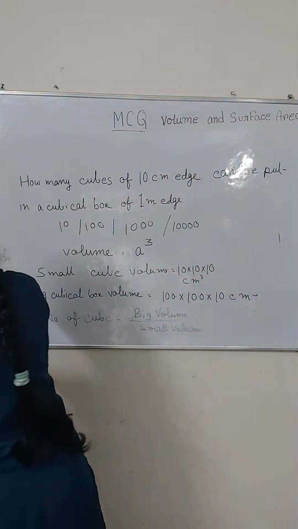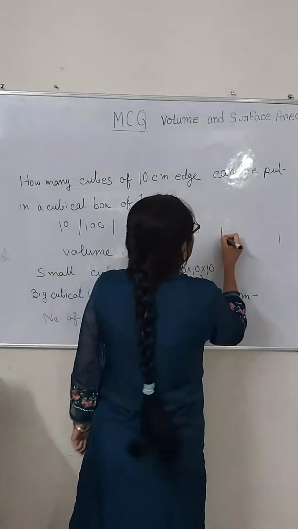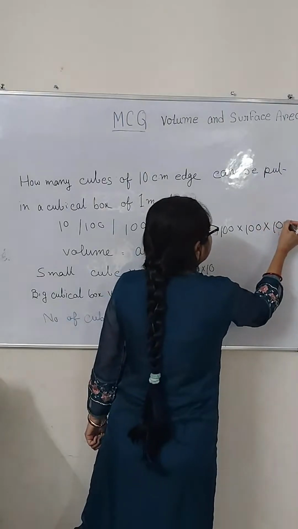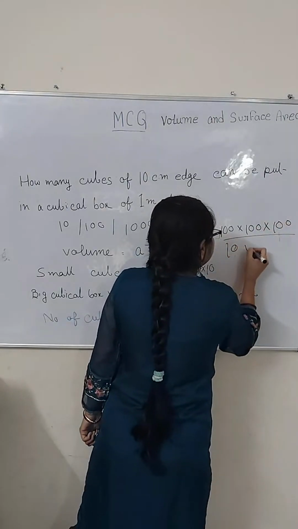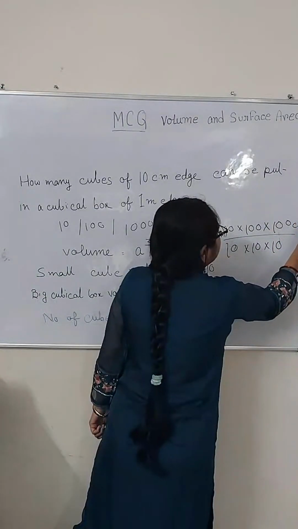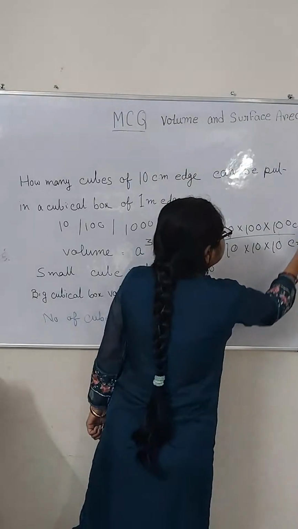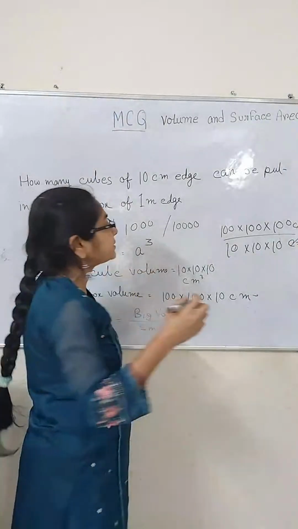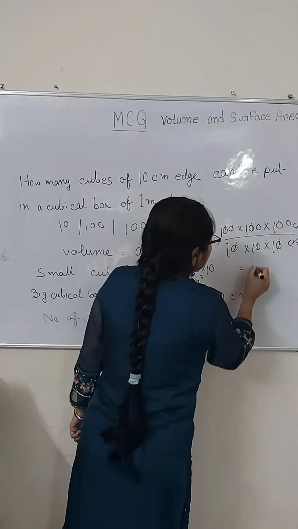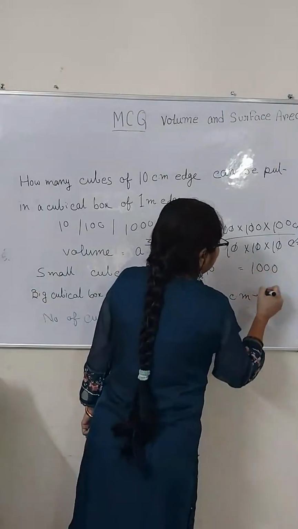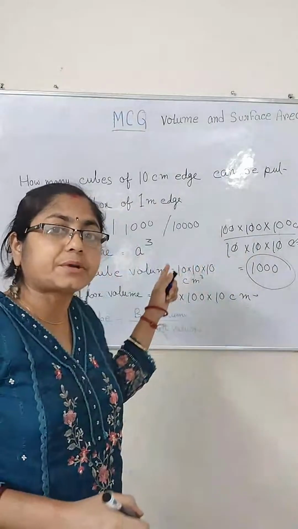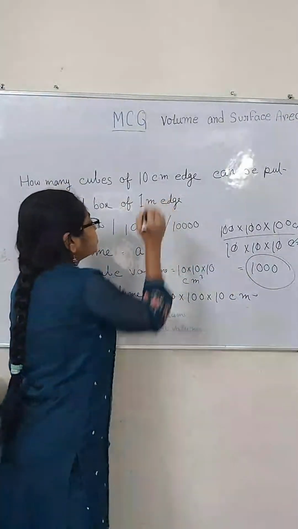Big volume is 100, 100, 100 over 10, 10, 10 centimeter cube. Cancel both the centimeter cubes. Cancel 0, 0, 0, 0. One more 0 there. How many? 1, 0, 0, 0. It is our answer. Third option is okay.